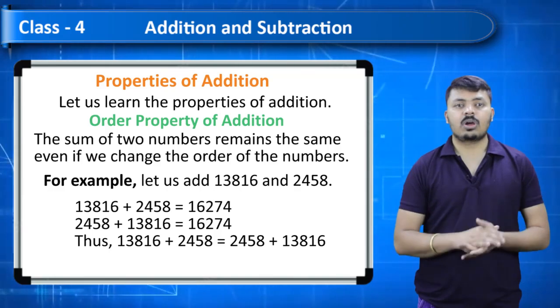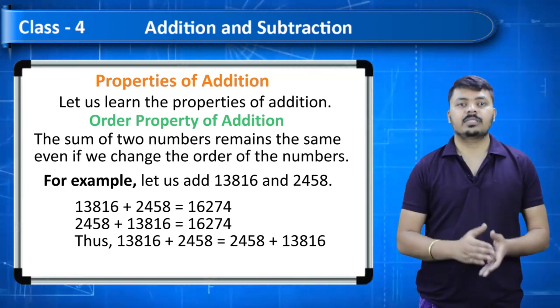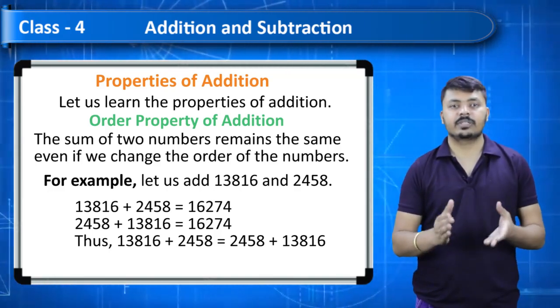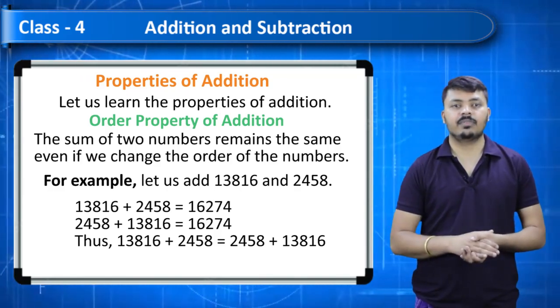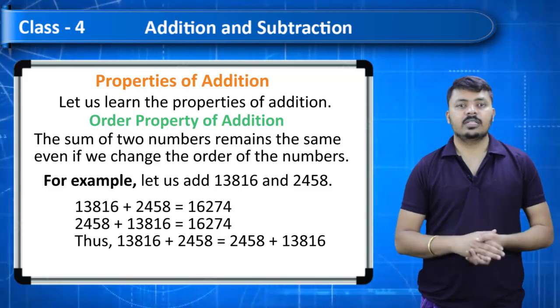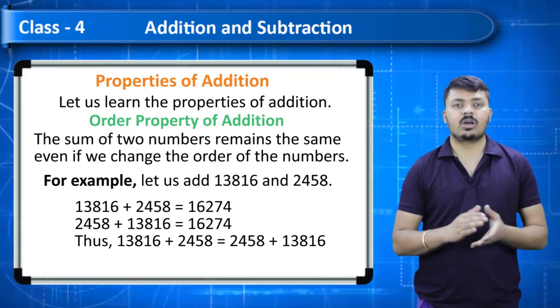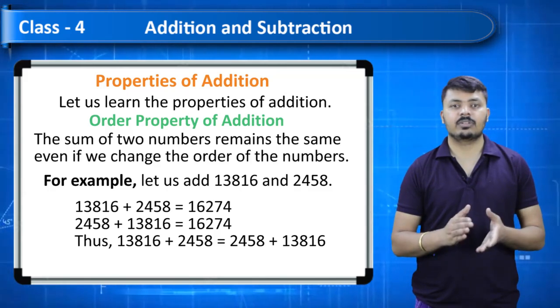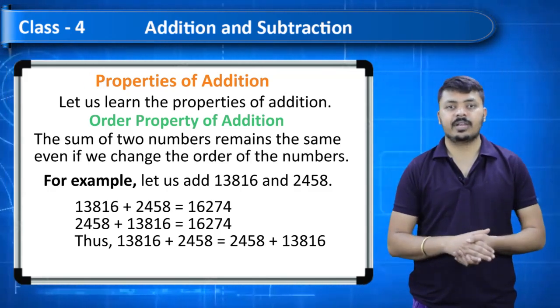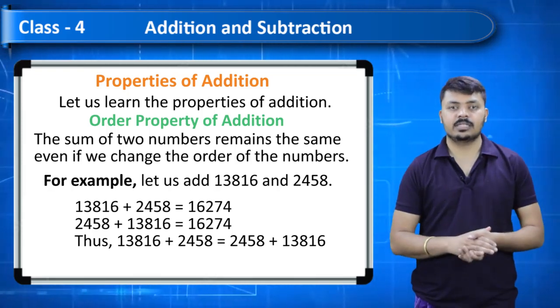Similarly, 2,458 plus 13,816 is equal to 16,274. Thus, 13,816 plus 2,458 is equal to 2,458 plus 13,816.